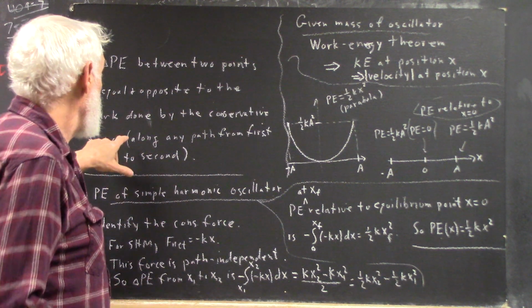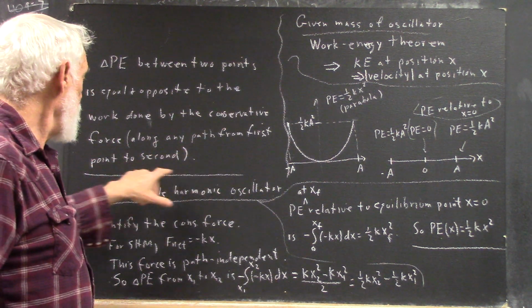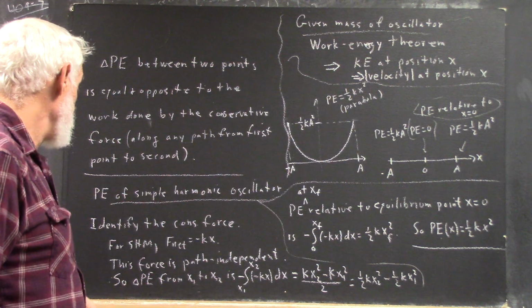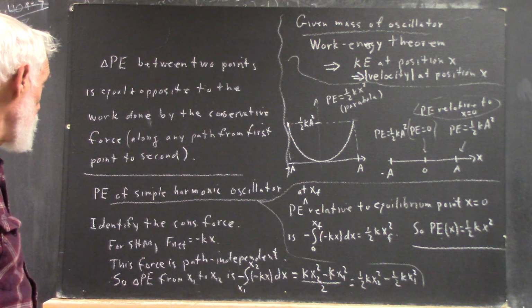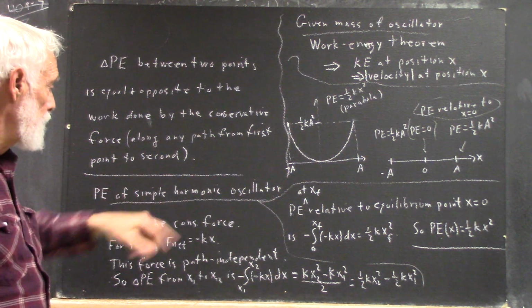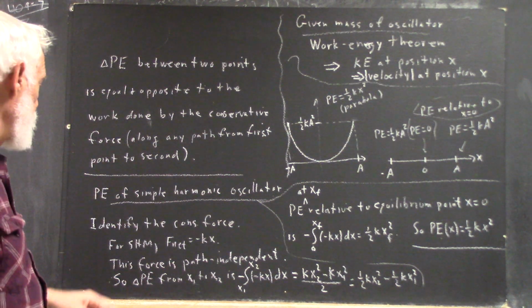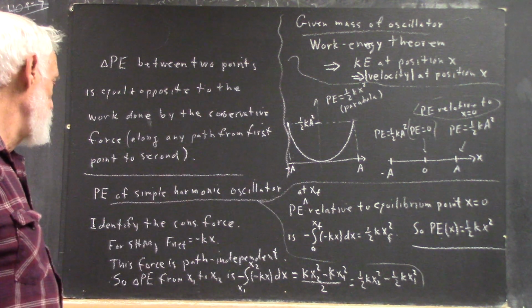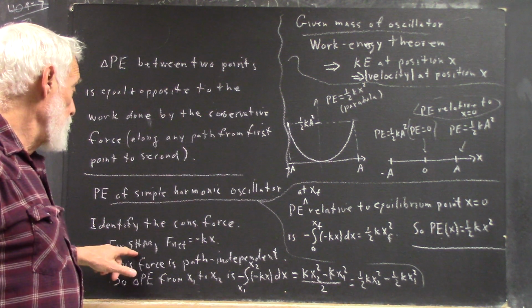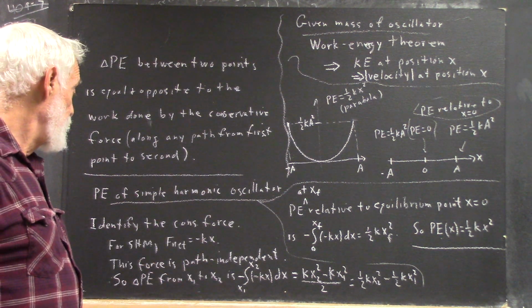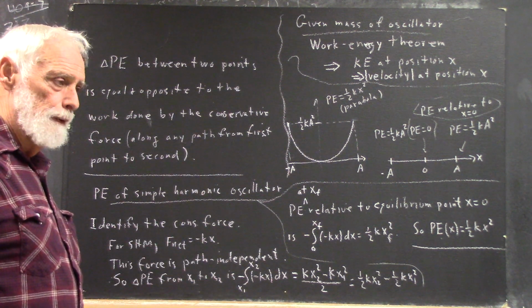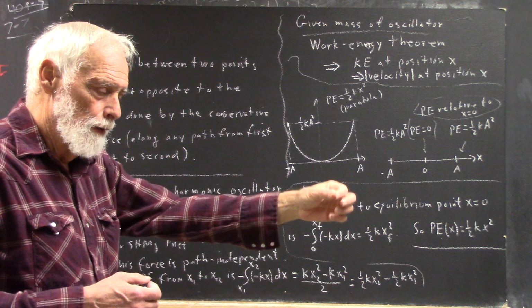But that can be done along any path from the first point to the second. Okay, so that's your change of potential energy. Now, potential energy of a simple harmonic oscillator, first identify the conservative force. Well, for simple harmonic motion, that force is negative kx, and this force is path independent. It doesn't matter if I go from here to there or from there to here.